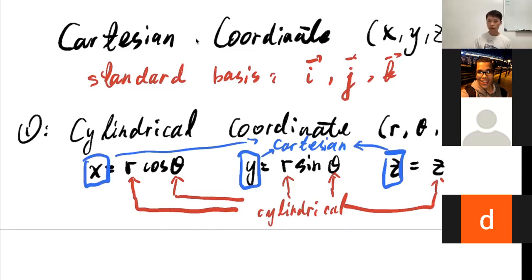So this is the formula, or method, for changing the coordinate system between Cartesian and cylindrical.